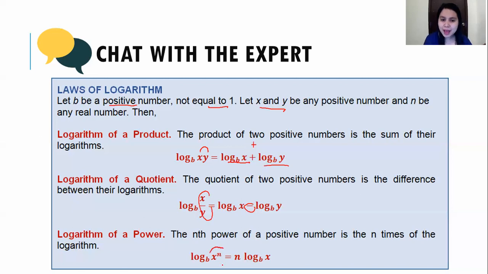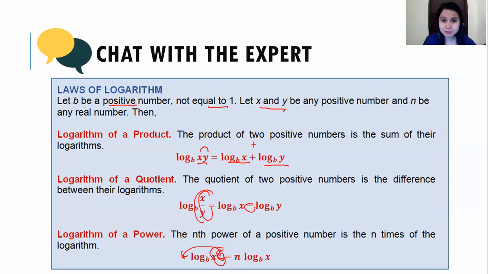And if you have an exponent n, to expand it, n will go before the logarithmic sign. Again, multiplication, expand it, addition. Division, expand it, subtraction. Then exponent, expand it before the logarithmic sign.